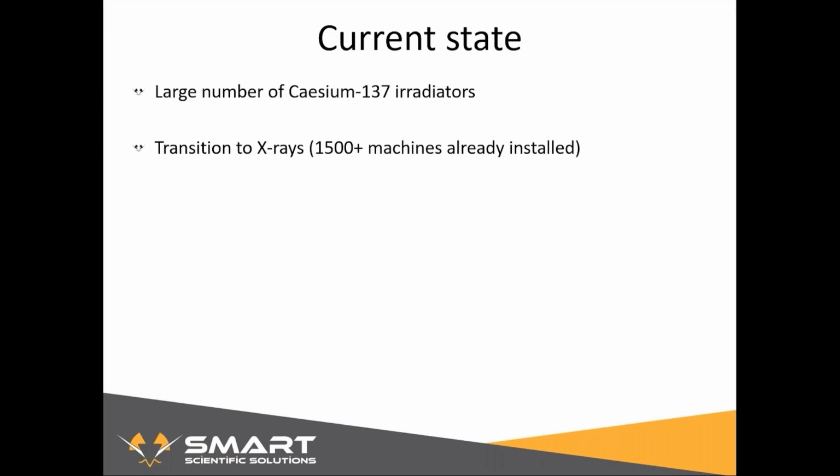The reason for this is because the powder in the Caesium irradiators could theoretically be used to create a dirty bomb. So there's a safety issue. Over the course of many years already, many machines have been replaced, and there are more than 1,500 machines already using X-rays.